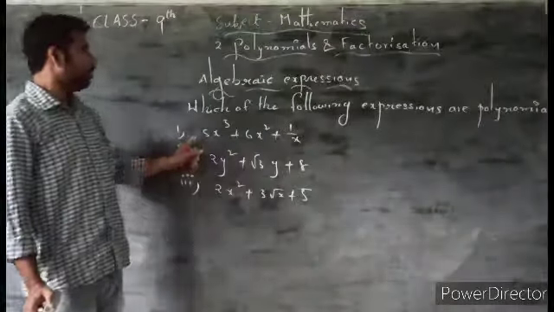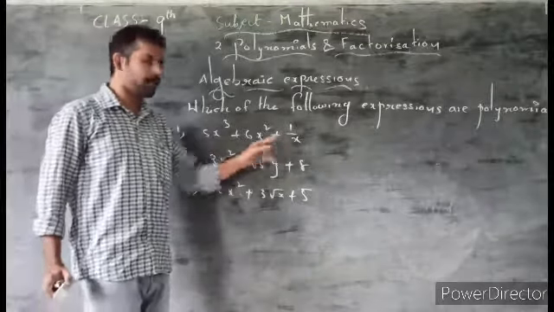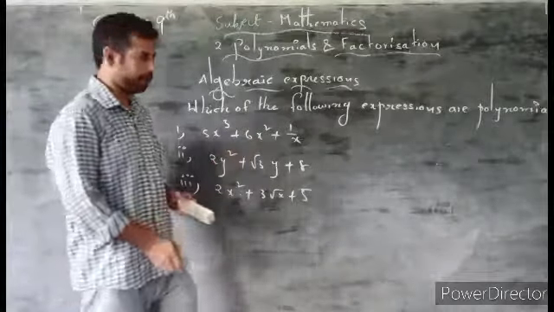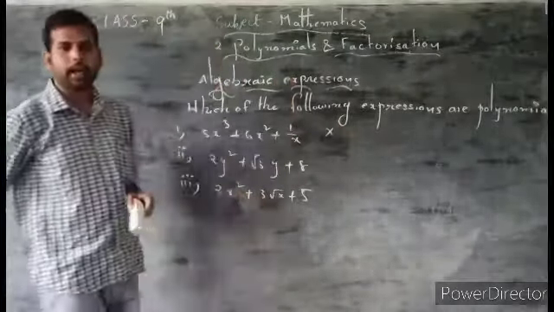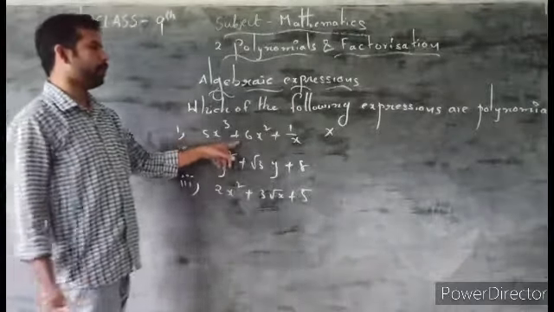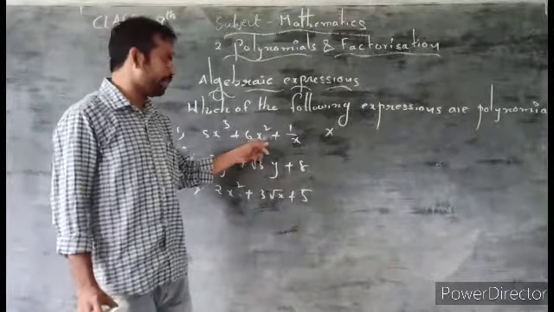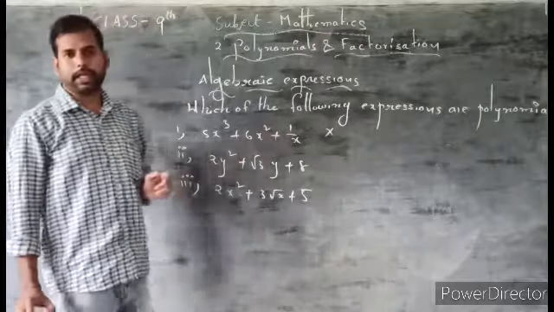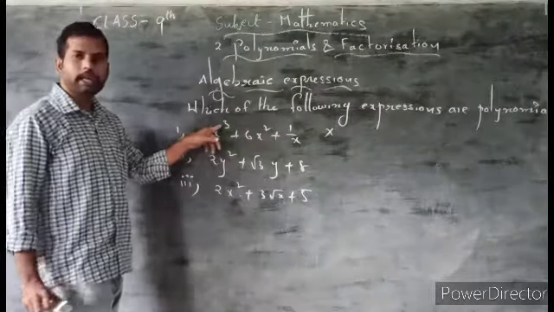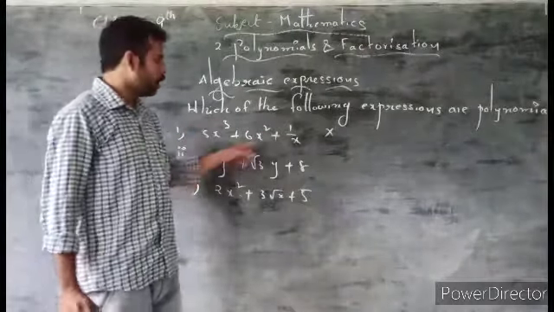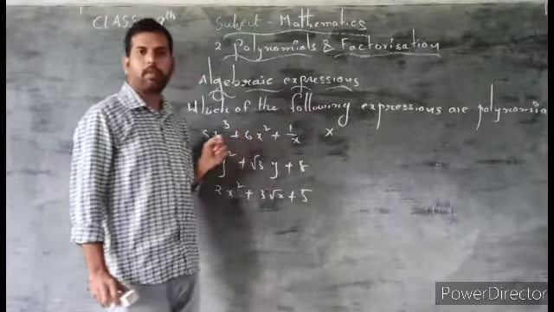So the first equation is 5x cube plus 6x square plus 1 by x. It is not a polynomial. The polynomial definition is that the exponents are non-negative integers. Here x cube, the degree is 3, so it is a positive value. For x square, the degree is a positive value.